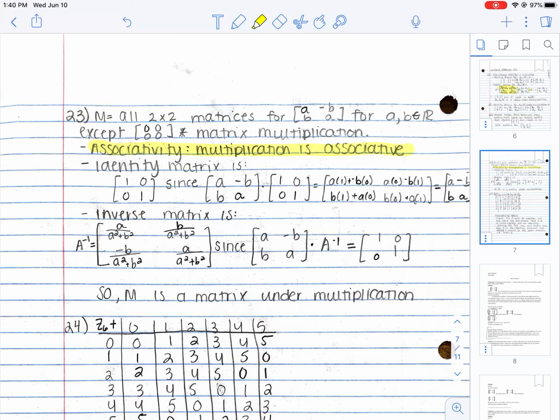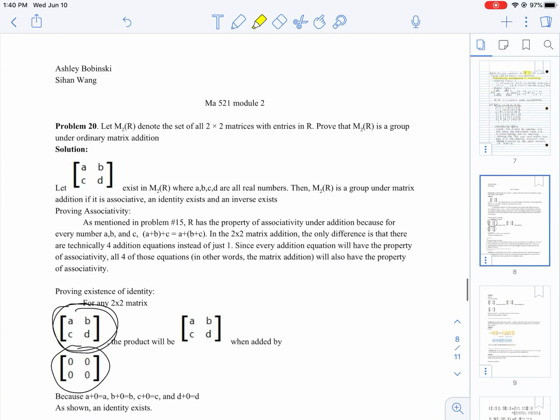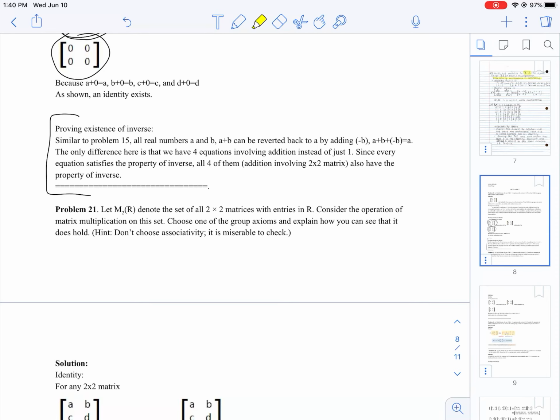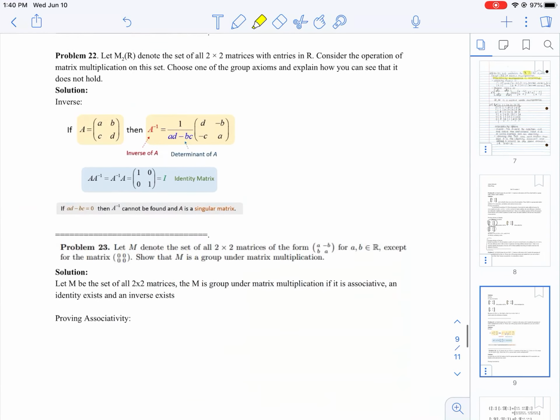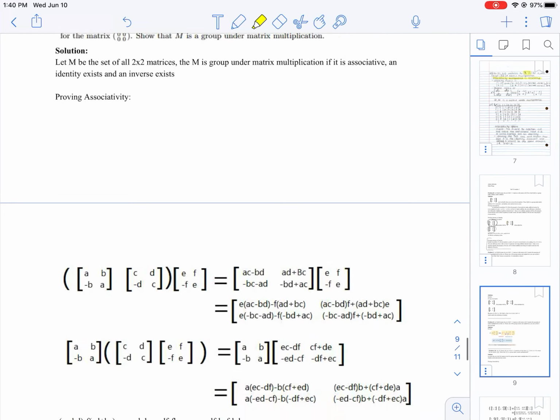And if you believe that, then that carries over if you're just dealing with these special matrices. If multiplying any matrices together obeys associativity, then multiplying just ones that look like that will. So if we're willing to believe that associativity applies to all matrices, then that's enough to explain why it applies to just our special matrices.